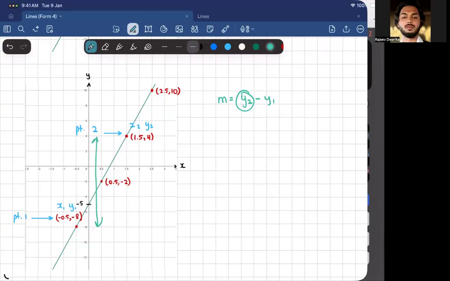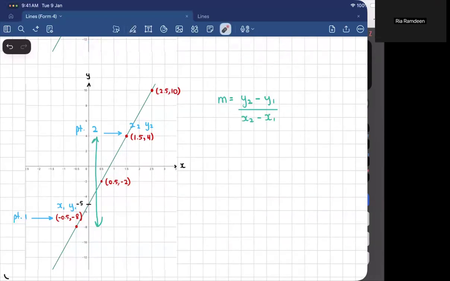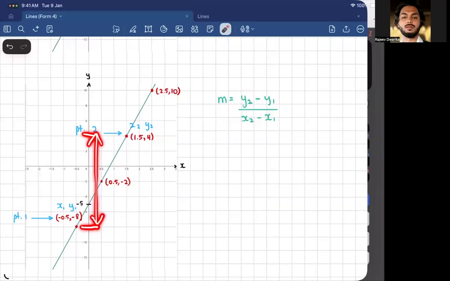I'll show you how it makes sense just now. So Y2 minus Y1 all over what? X2 minus X1. Right, because it's change in X. So what we want to find is the difference from -8 to 4. That would be the change in Y. And the change in X would be the change from -0.5 to 1.5. That would be the change in X. That's what we're finding.